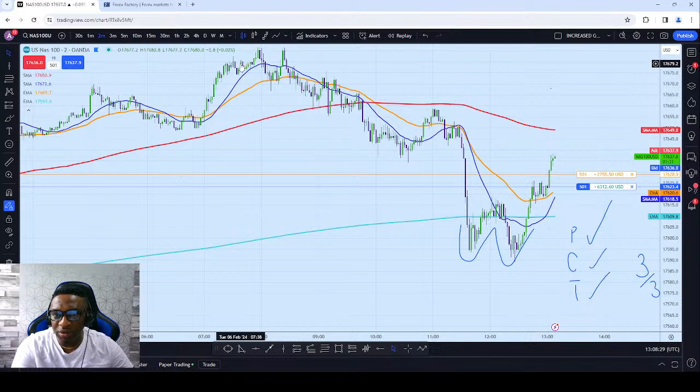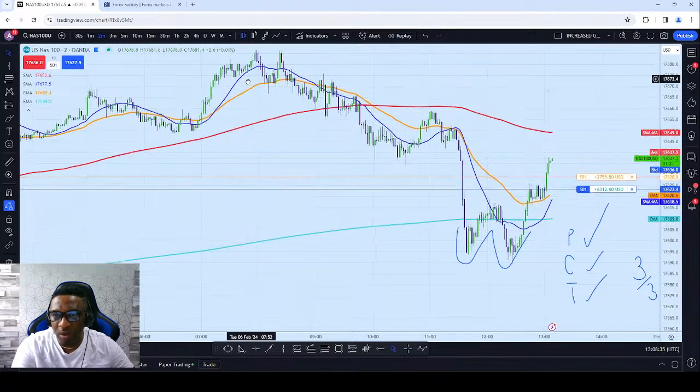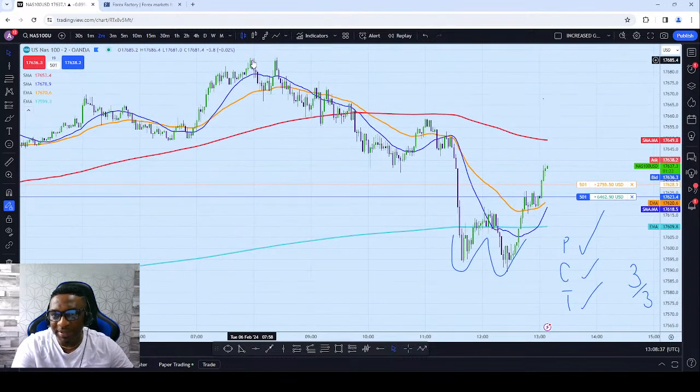This is an area you are not supposed to be buying from. At the wide state, you look for a sell setup.